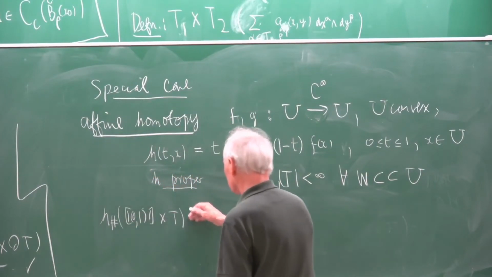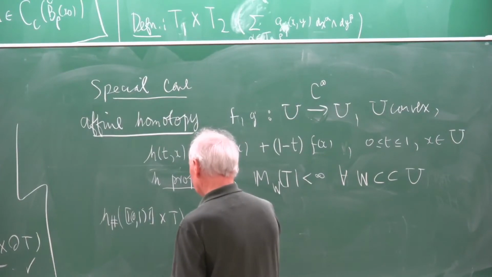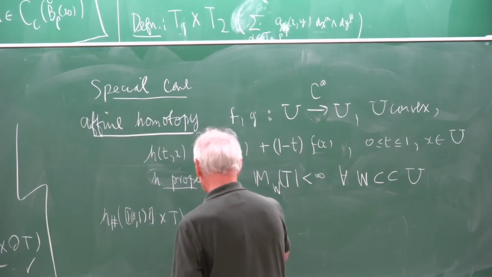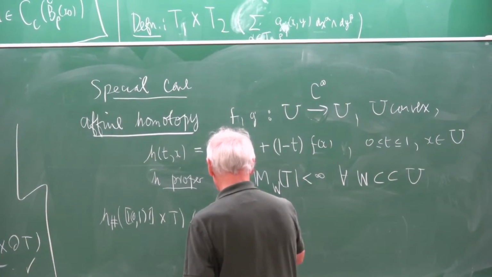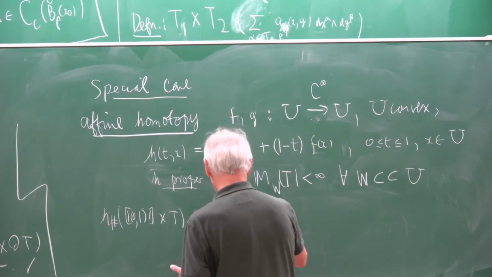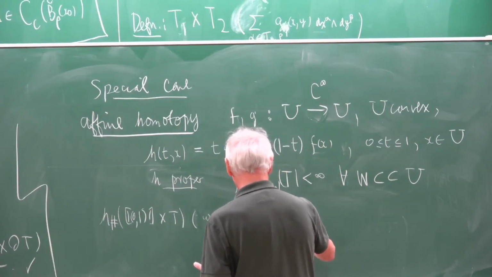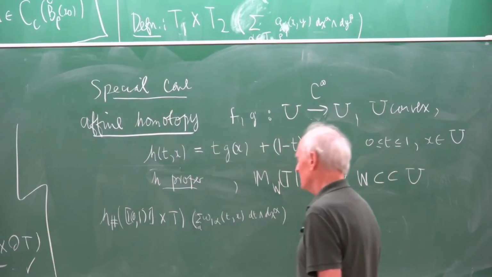This is supposed to be hitting a form, an n plus 1 form, so that would be omega alpha, depending on two variables, t and x, dt dx alpha. So it would look like that.